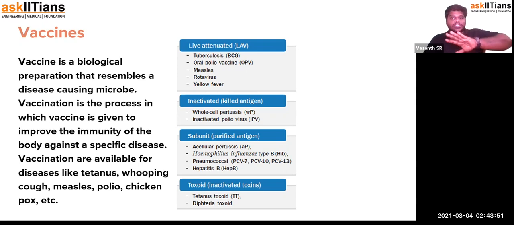Instead, they will cause the generation of immunity against those foreign particles, as a defense mechanism for when the live viruses or live organisms invade our system and try to cause disease to us. So a vaccine is training our immune system for something that is about to come. It is just a biological preparation that resembles a disease-causing microbe.